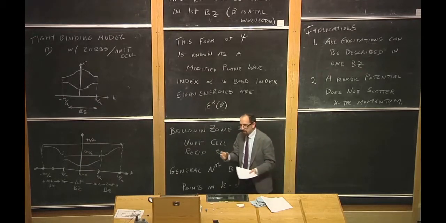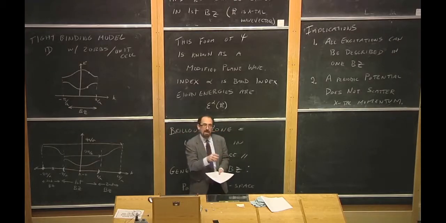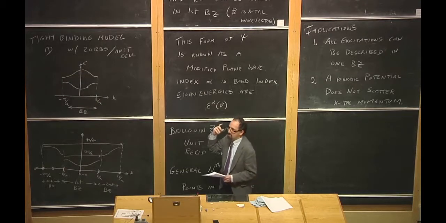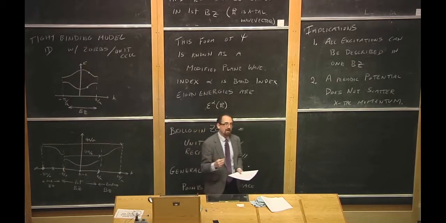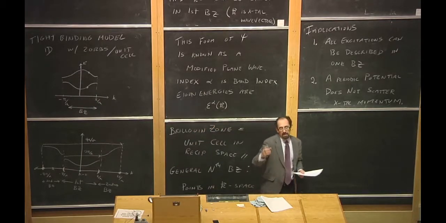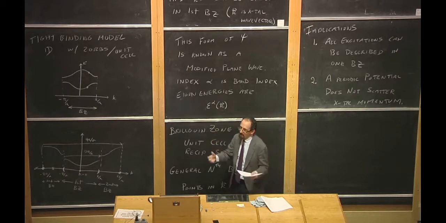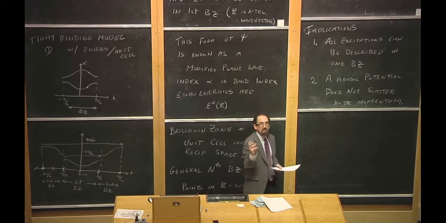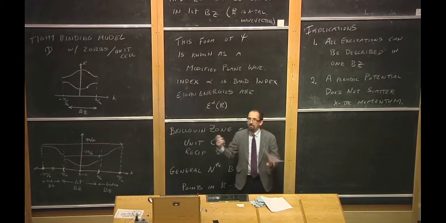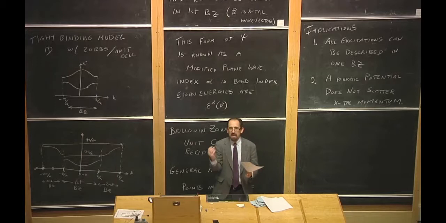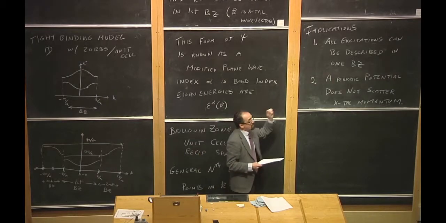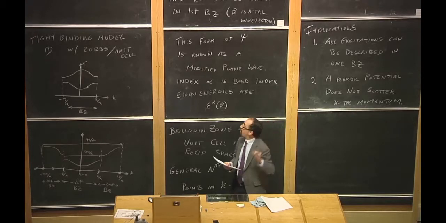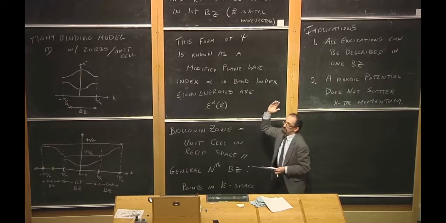Crystal momentum is always conserved, and the fact that we have this very strong periodic potential doesn't ruin that. The reason this is so important, remember we had this puzzle when we studied the Sommerfeld model, that you have this mean free path of electrons, which is enormously long, hundreds or thousands of atoms long, and we couldn't understand it because there's a big nucleus that the electron can hit every few angstroms. It could scatter off of tons and tons of nuclei. The point here is that you don't have pure plane waves. What you have is modified plane waves. You have these plane waves times a periodic function.